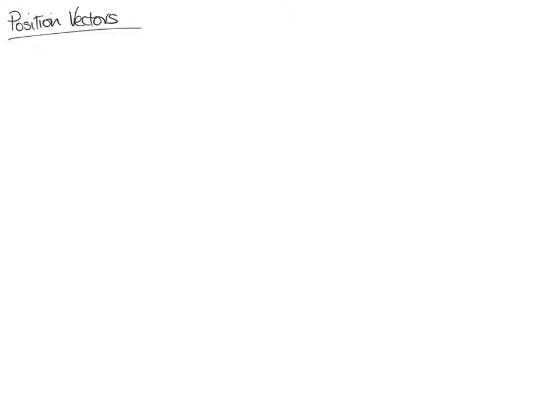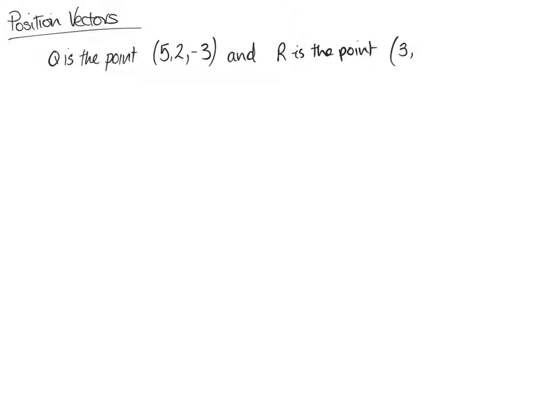Right, so if we do another example, we've got this time that Q is the point (5, 2, -3), and R is the point (3, 7, -10).